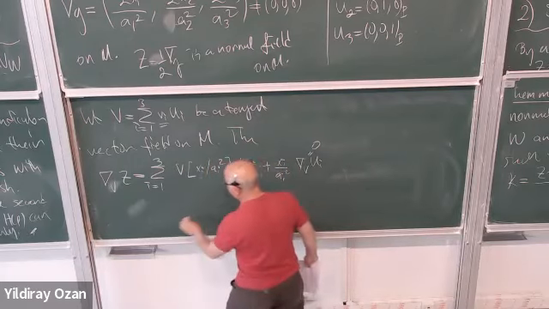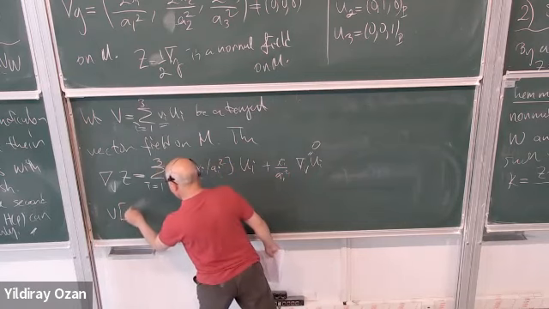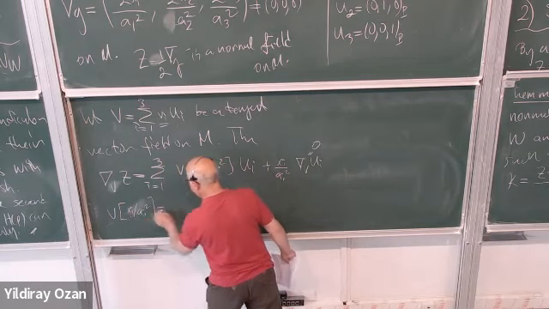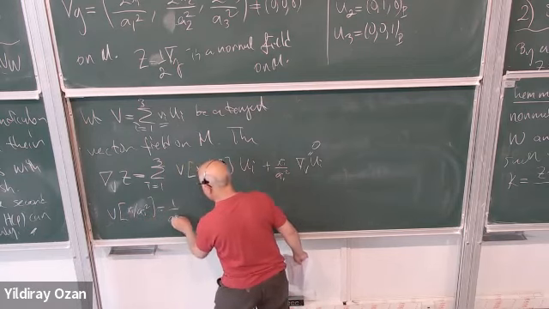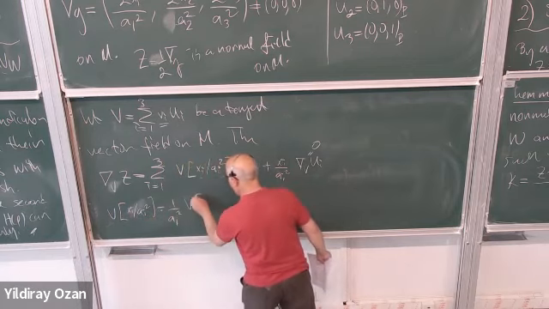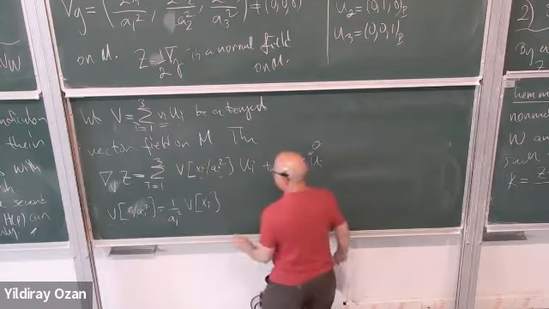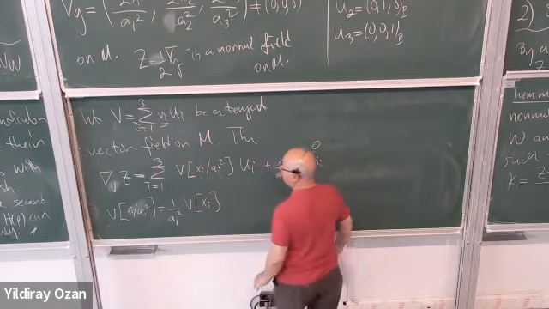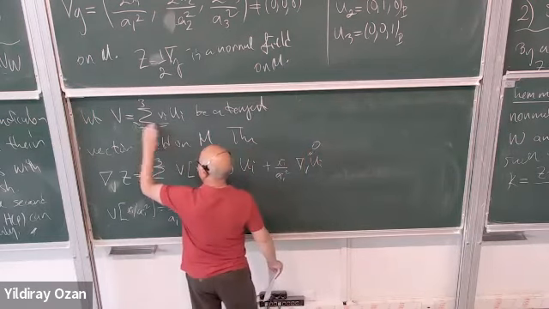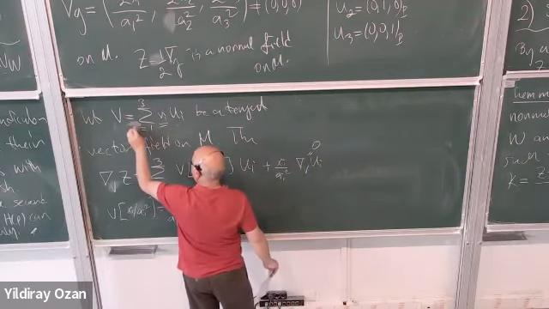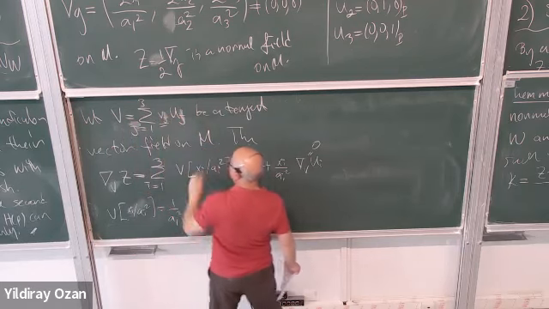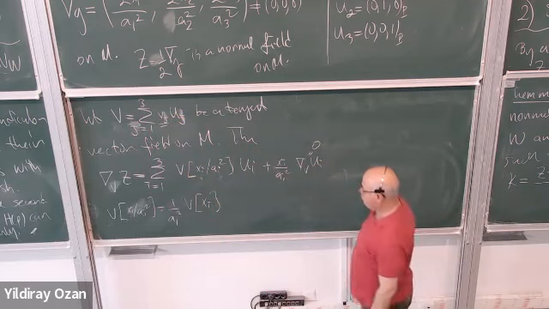Now, what is this gadget? V of xi over ai squared. Well, this is a constant, I can just take it outside. V of xi, but V is this vector field, so what is the derivative? Maybe I write this using another parameter j.